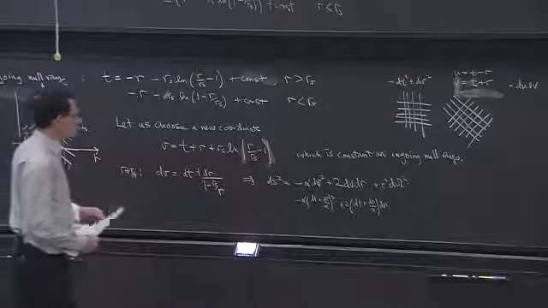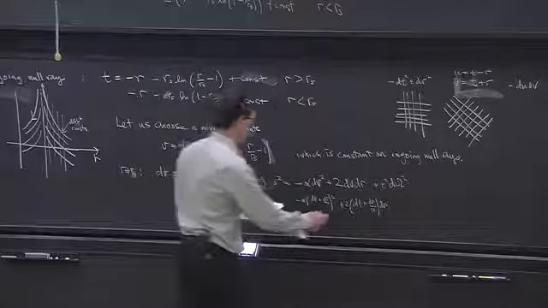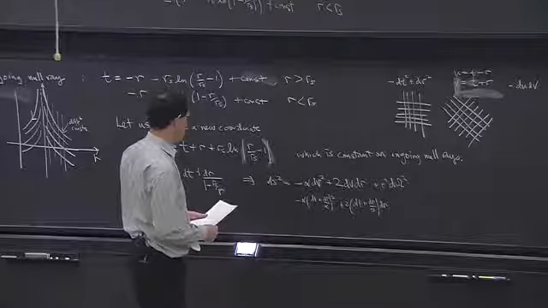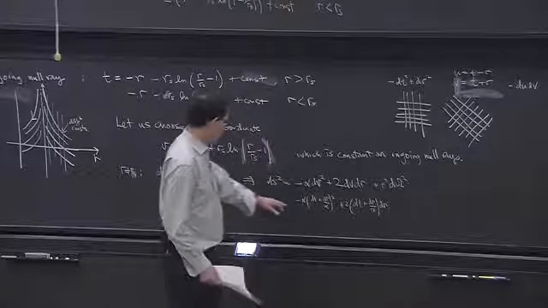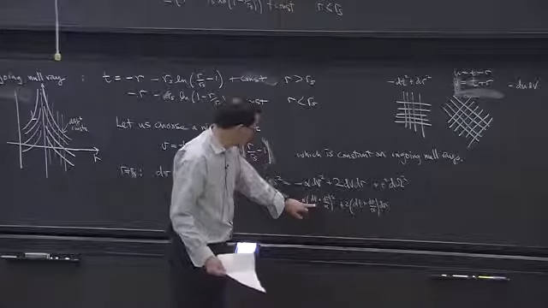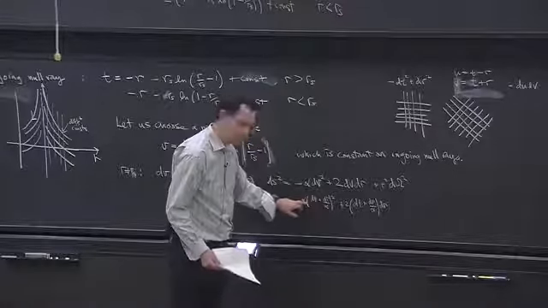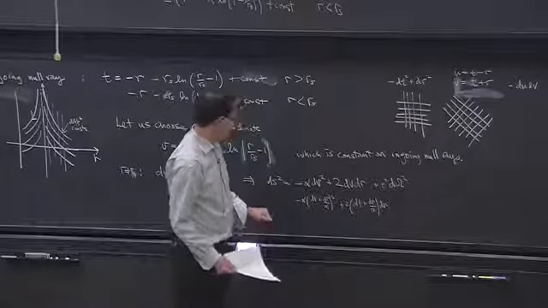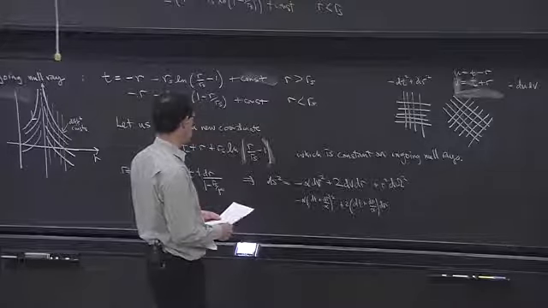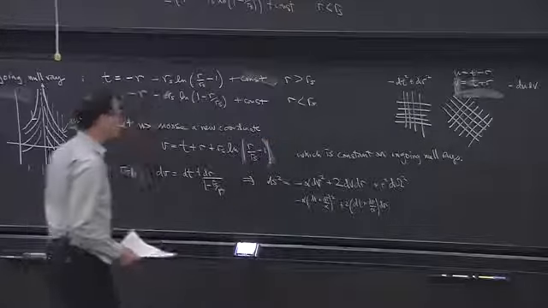Yes, that looks right. Here I get my minus alpha dt squared, which is the first term over there. When I look at the cross term, I get plus 2 dt dr over alpha times alpha, so the alphas cancel, and it's plus 2 dt dr. And here I get plus 2 dt dr, so the cross term cancels.